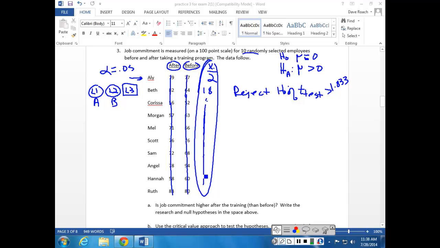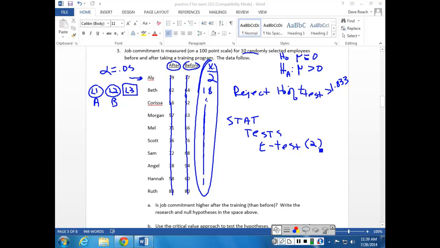And then to calculate the t-test value, we're going to select stat, tests, t-test, which is option 2 on your calculator.